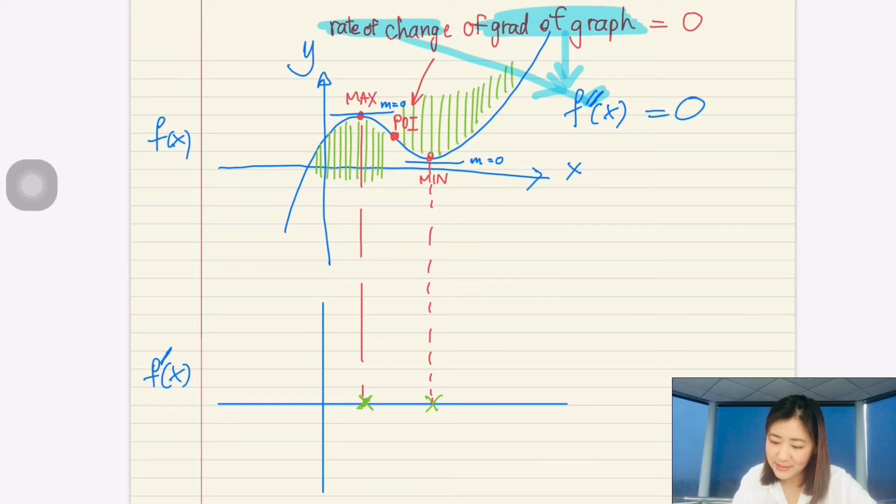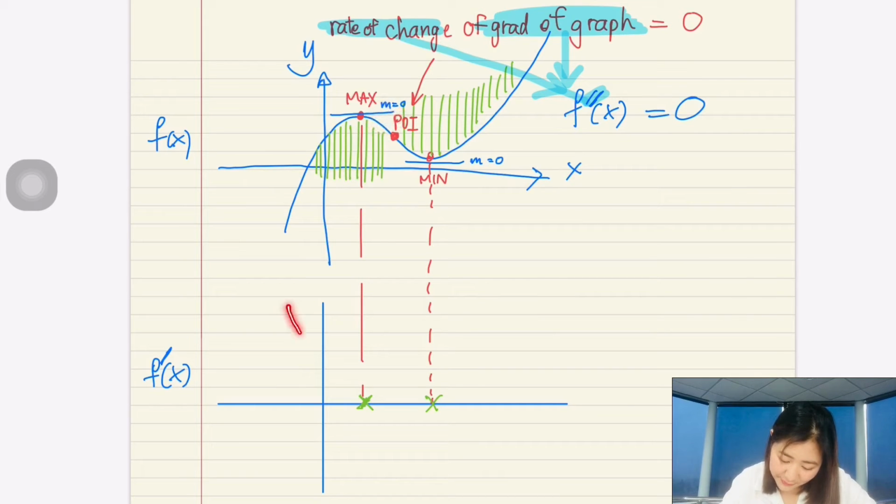Before the maximum, you can see the gradient is positive, so the graph would come from this way. After the maximum, the gradient is negative.